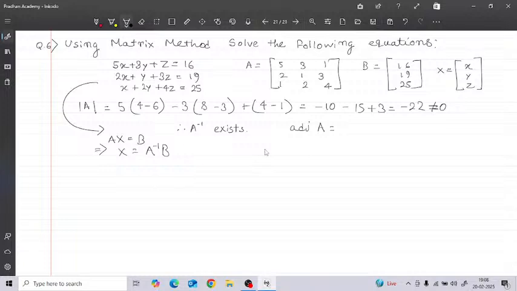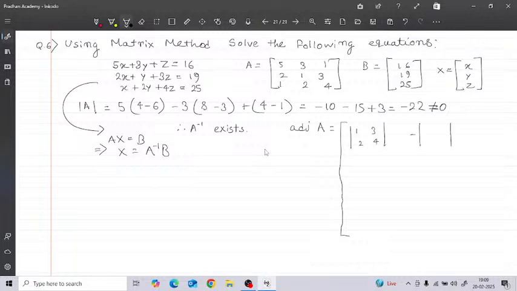So what is the adjoint of A? You have to take the big matrix and take the transpose of it, which will consist of the cofactors. So what will be the first cofactor? First cofactor will be the determinant of 1 3 2 4. Minus, what is the second?